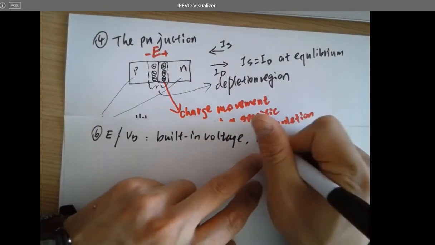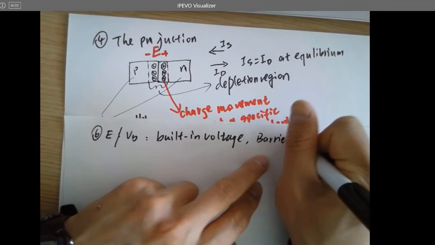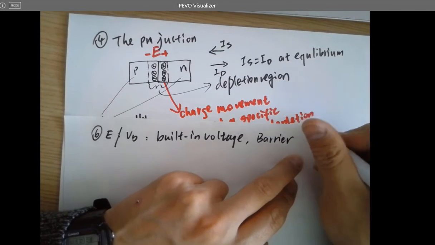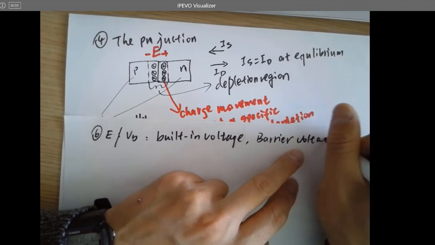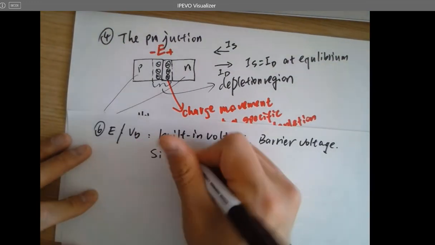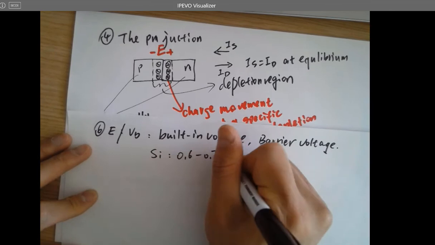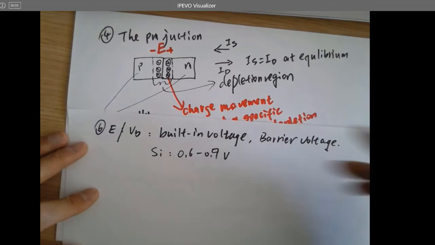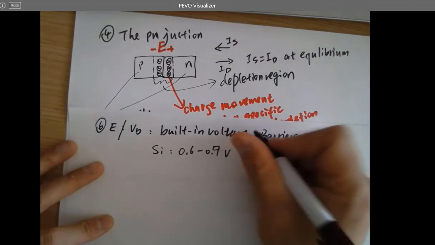For silicon, it's normally 0.6 to 0.9 volts at room temperature.